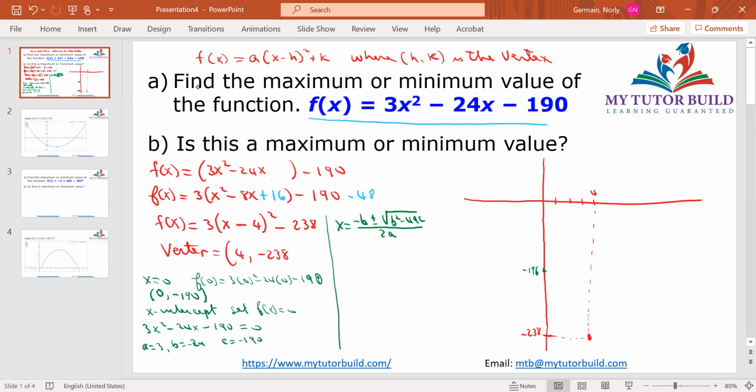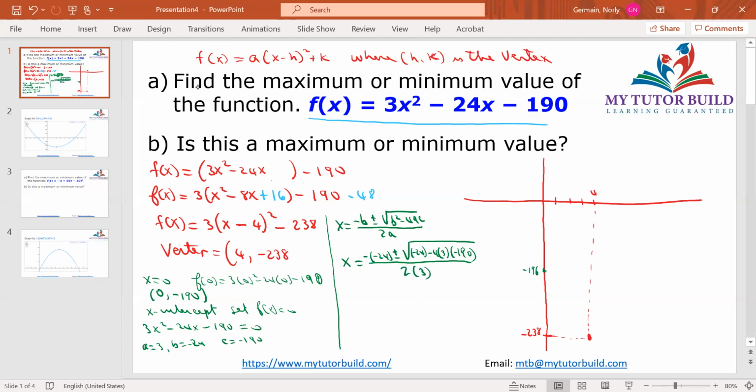So by substituting, by putting every number inside here, we're going to have negative negative 24, which gives you positive 24, plus or minus the square root of negative 24 squared minus 4 times 3 times negative 190, divided by 2 times 3.